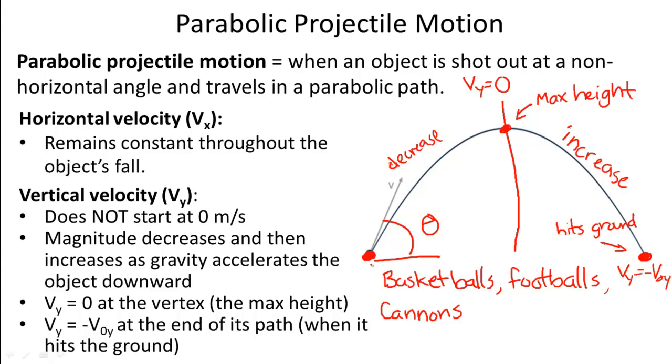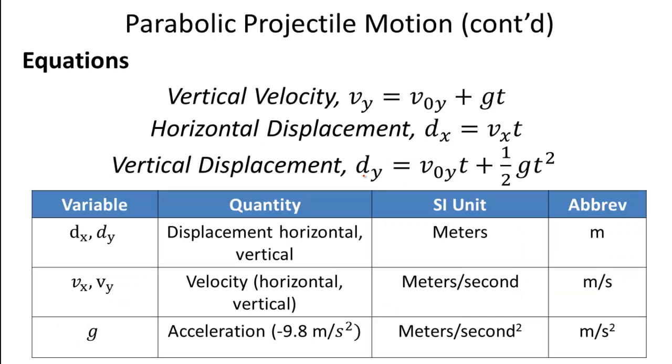Okay, moving on to some important equations. These equations are the exact same as the equations for horizontal projectile motion. Going through some of them again, we have vertical velocity equals the initial vertical velocity plus g times t. Horizontal displacement is dx equals the horizontal velocity, vx, times t.